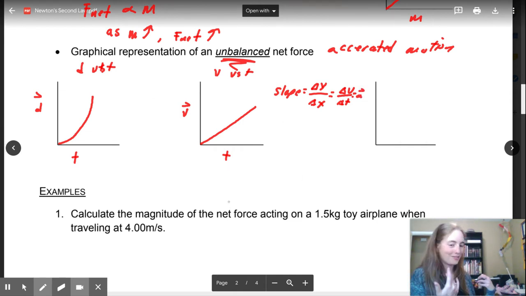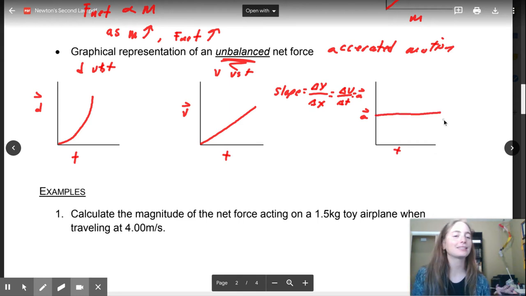Once you have the acceleration, if you have the mass, you can find F net. Cool beans? Cool beans. Another way that we could also represent accelerated motion is our acceleration versus time graph. So essentially, any of the graph patterns that we've looked at previously that show acceleration can also be used to help with F net. Sounds good?